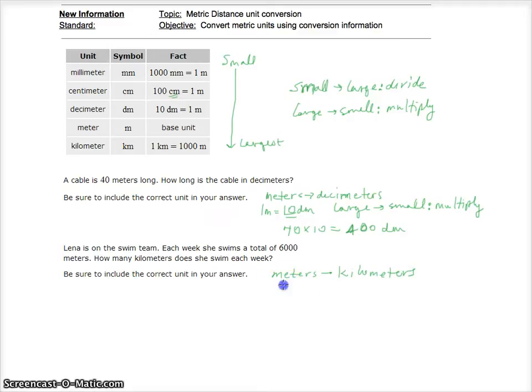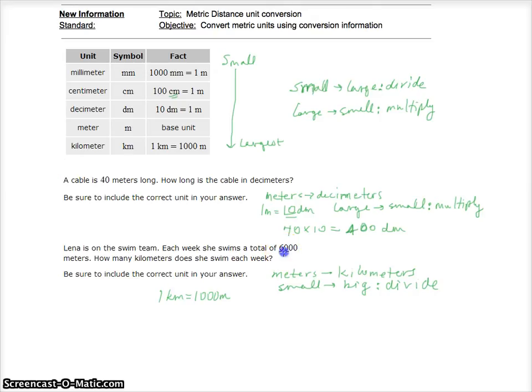So here I'm going from small to big. So I need to divide. And my rate now is going to be 1 kilometer equals 1,000 meters.